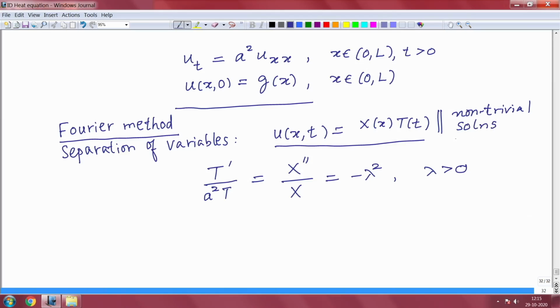So, that means both the functions are not identically 0, because then this is just a 0 solution and it may not satisfy the initial condition.